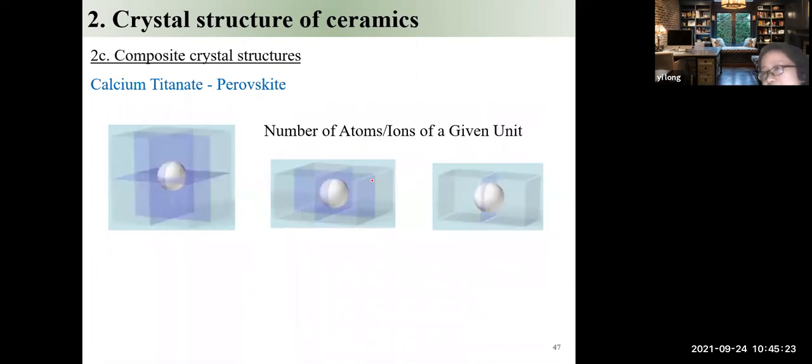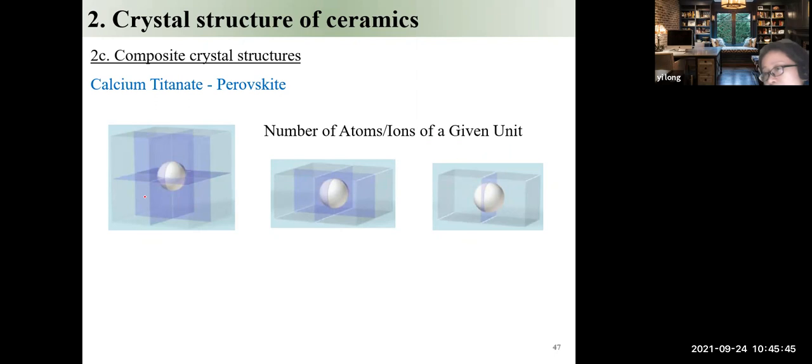And in this case, we have to know something because later we're going to use it quite often when we calculate the percentage of atoms in one unit. So how can we say the number of atoms of a given unit? It depends on how it is shared with your neighbors.